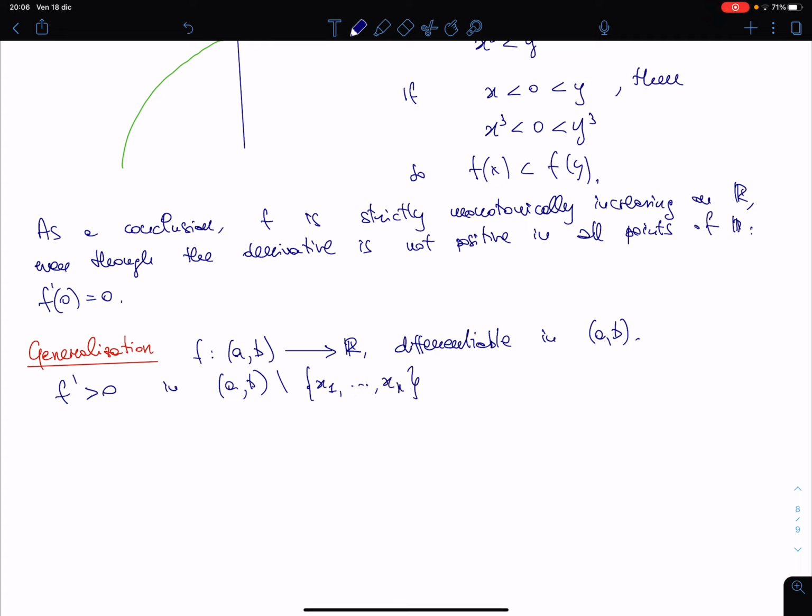Then f is monotonically strictly increasing.